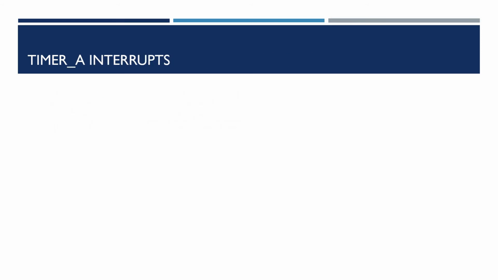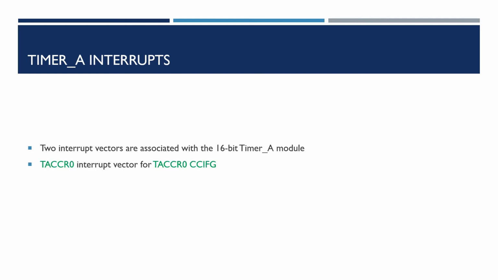Then the next is timer A interrupts. So there are 2 interrupt vectors which are associated with the 16-bit timer A module. Basically, you just get 2 vectors. And the first one is dedicated to the TACCR0 CCIFG flag, which is your capture compare interrupt flag. That is something that we've used in our code as well.